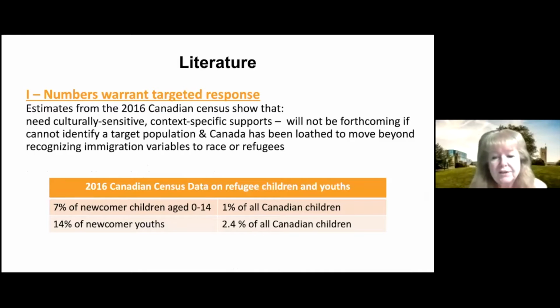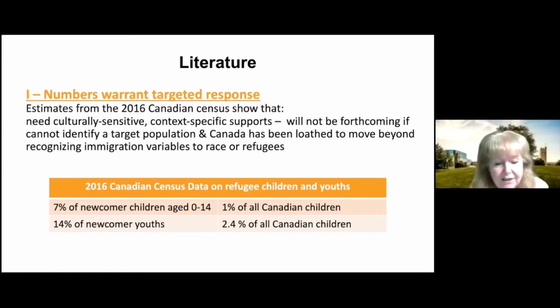In terms of our literature review, we looked at how the numbers of refugee students in Canada certainly warrant targeted response now. So if you look at the table, 7% of all newcomer children aged newborn to age 14 now are youth refugees or children refugees, and that accounts for 1% of Canadian children. 14% of newcomer youths are youth refugees, and that accounts for 2.4% of all Canadian children.